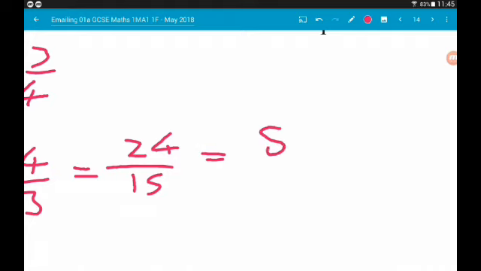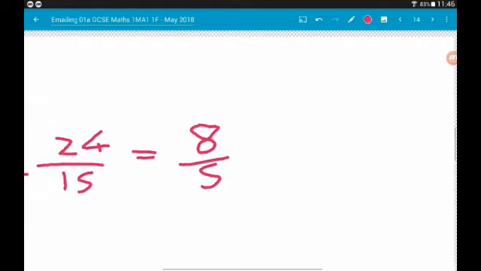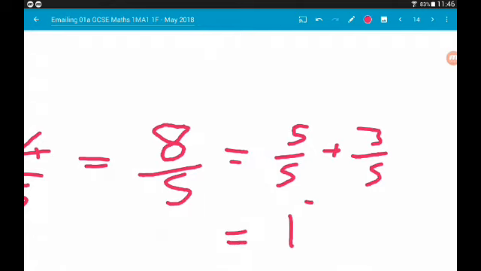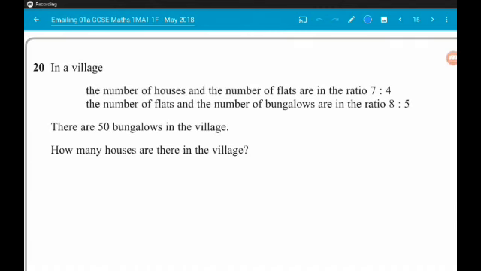So it's 8/5. So that is the answer as an improper fraction. We want it as a mixed number. So we can think of this as 5/5 add 3/5, which is 1 and 3/5. Good times. Okay, then question 20.